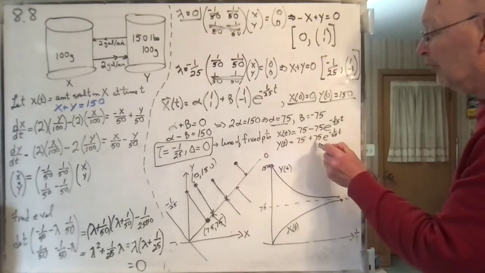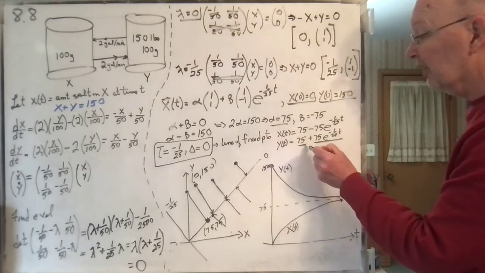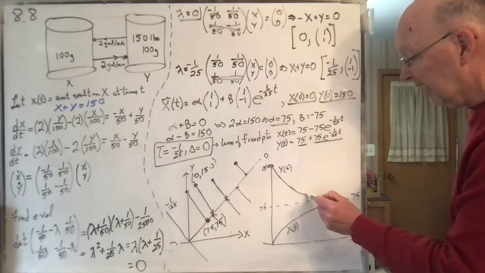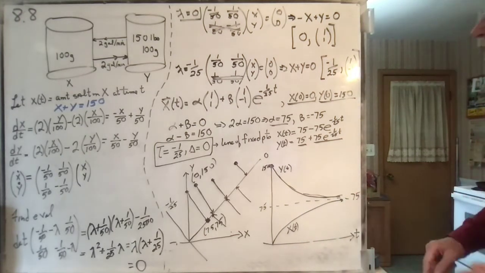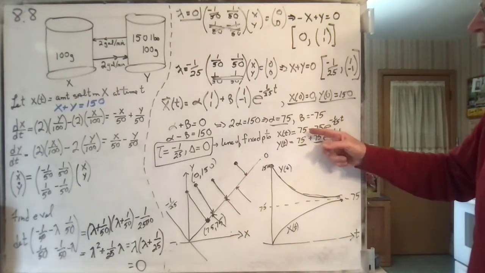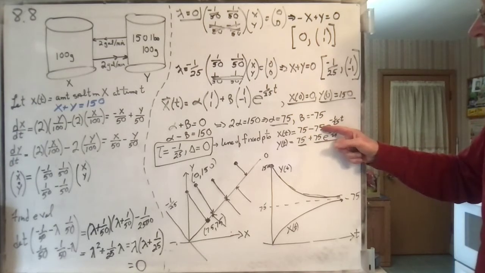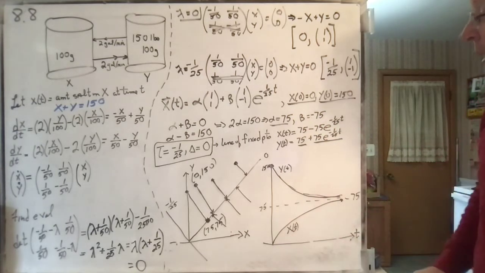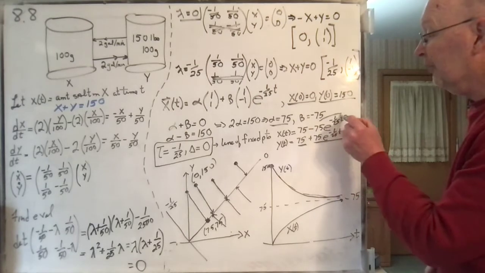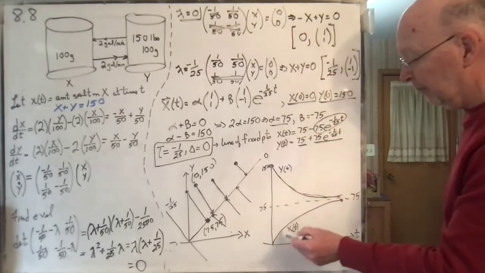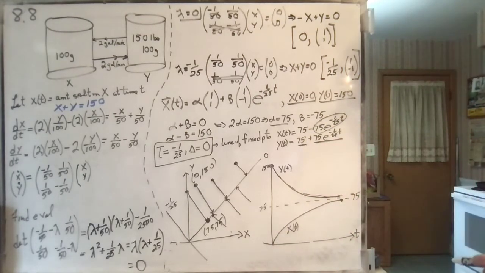And then as time goes on, that's going to go to 0, and you're going to end up just having an asymptote of 75. And the opposite for x: it starts at 75 minus 75, which is 0. But as time goes on, again, this portion goes to 0, and you're going to build up to 75.